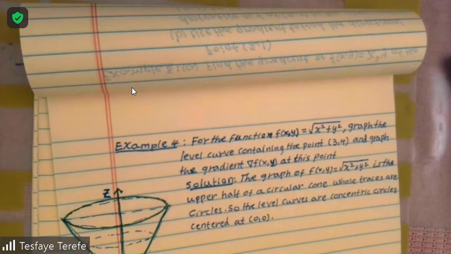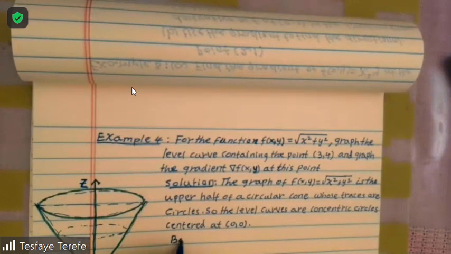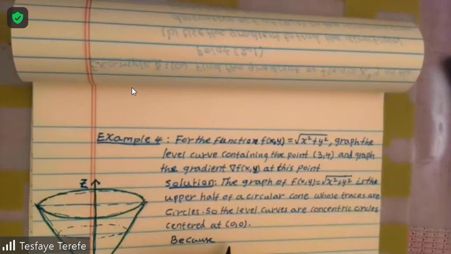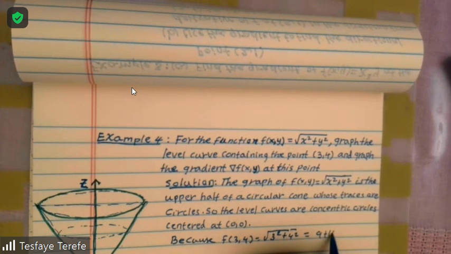Well, as you know, f of (3, 4), which is square root of 3 squared plus 4 squared, that is equal to 9 plus 16 under radical, which is equal to 5.